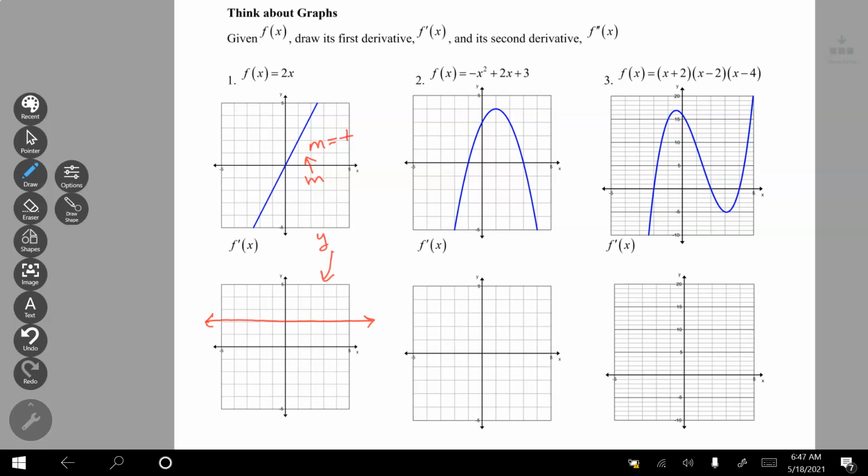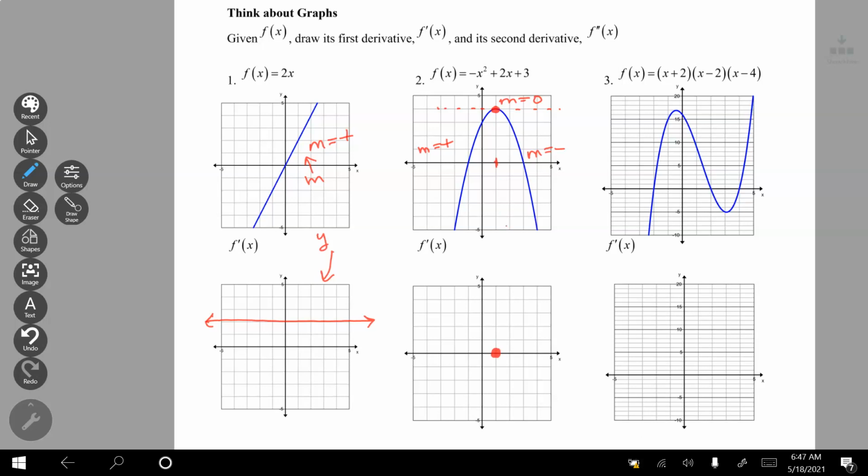Now in this next example, something's going on here. We have a slope here that is positive. We have a slope on this side which is negative, and right here at x equals 1, we have a slope equal to 0. So I have to copy this down, and right here at x equals 1, on this graph, it becomes an x-intercept.